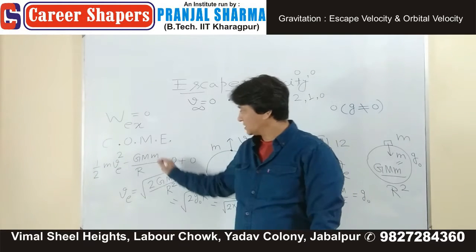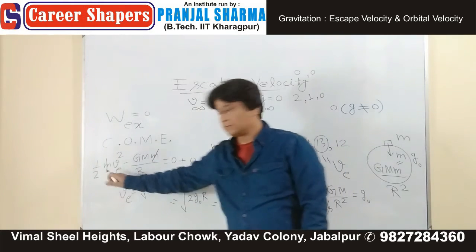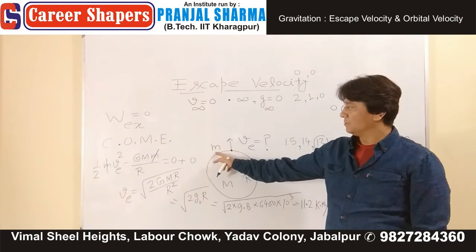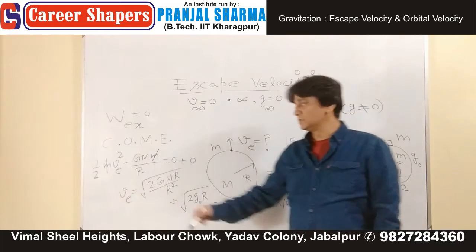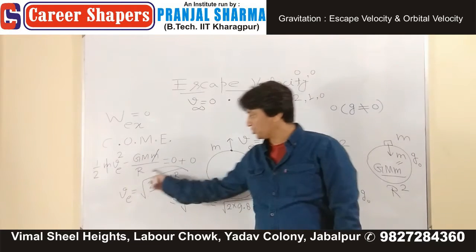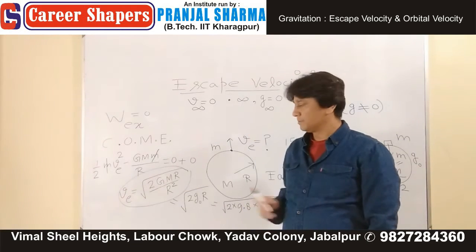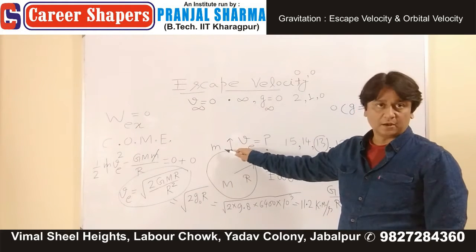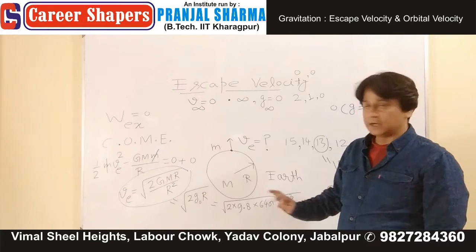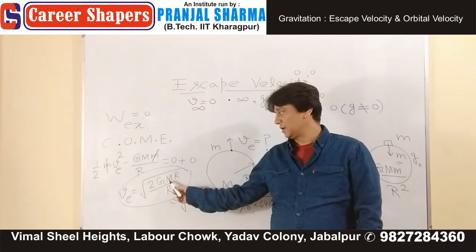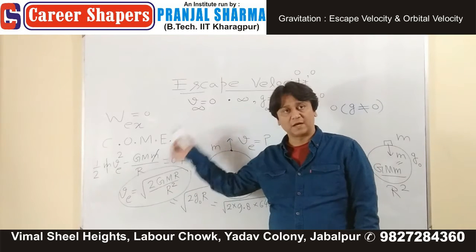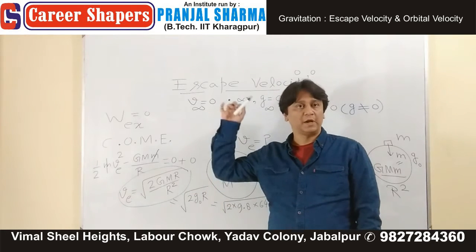Everybody can see that small m and small m are getting cancelled. So if m is getting cancelled, that means this expression for escape velocity is independent of the mass of the projectile. It does depend on the mass of the planet, but it doesn't depend upon the mass of the projectile, the thing which you are throwing up.